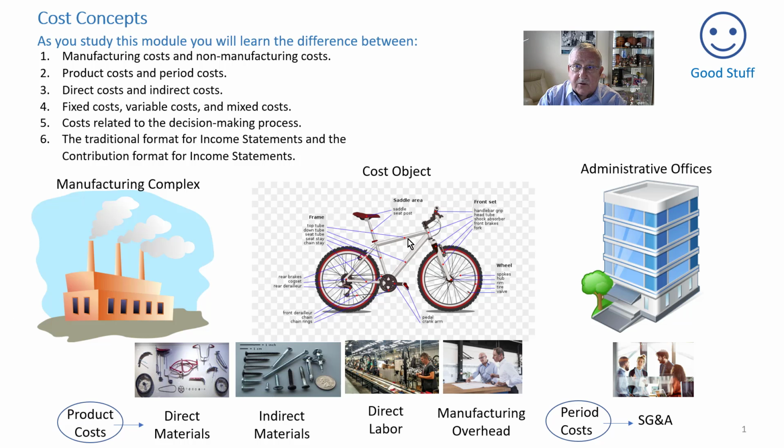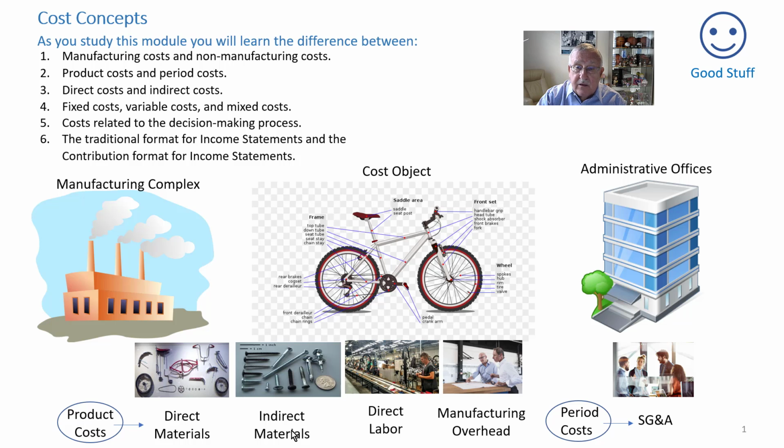Materials which can be traced directly to the bike are called direct materials. Direct materials include the frame, the saddle, the handlebars, the wheels, the pedals, and the brakes. You can trace them directly to the bike just by looking at them.